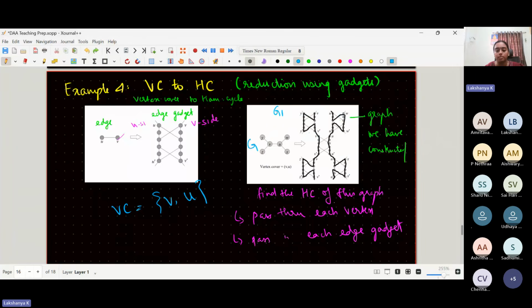A Hamiltonian cycle by definition has to pass through every vertex of G1, meaning obviously it has to pass through every edge gadget of G1, because the vertices are part of edge gadgets. Every time it passes through an edge gadget, whichever side it is entering, I will note that side down. So here it was the V side, here again the V side, here again the V side. And then it comes here, it was the U side.